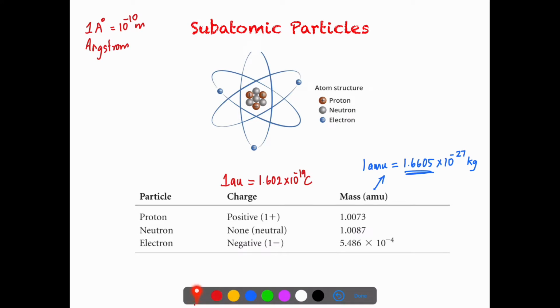Okay, so proton is positively charged, and the charge is 1.602 times 10 to the negative 19 coulombs. And electron's charge is again 1 atomic unit, which is that much, but it's negatively charged. So it's important to know which ones are negative, which ones are positive, and which ones are neutral.